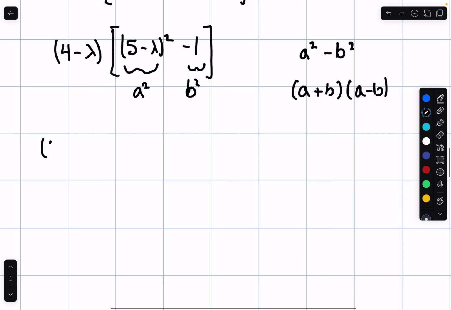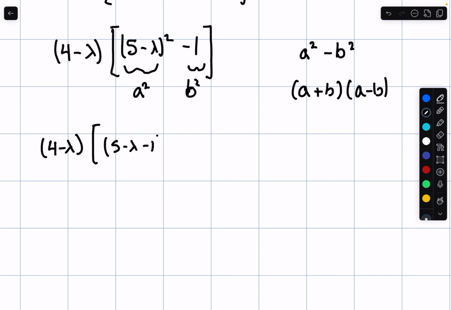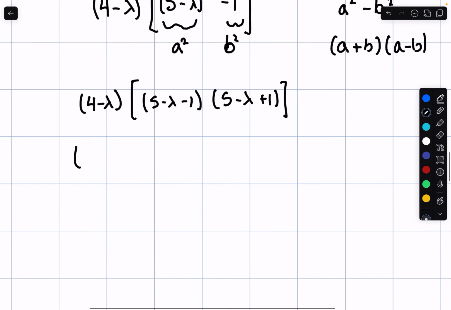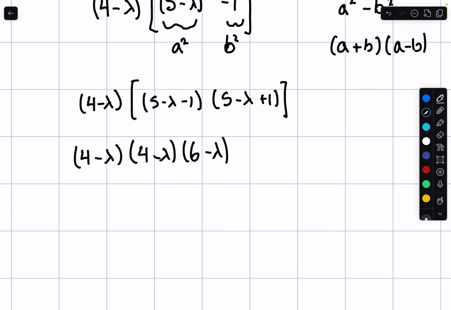So we'll rewrite this: 4 minus lambda times 5 minus lambda minus 1 times 5 minus lambda plus 1. And so what this leaves us with is 4 minus lambda times 5 minus 1 is 4, so 4 minus lambda, times 5 plus 1 is 6, 6 minus lambda.